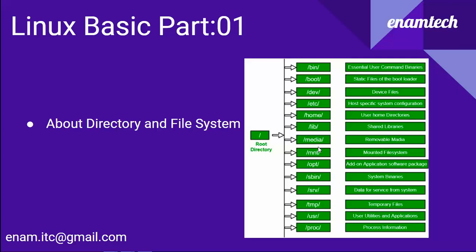Some of these directories only exist on particular systems if certain subsystems such as the X Windows system are installed. Most of these directories exist in all Unix operating systems and are generally used in much the same way.